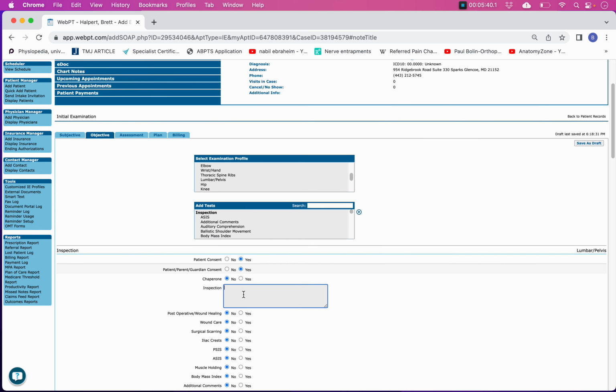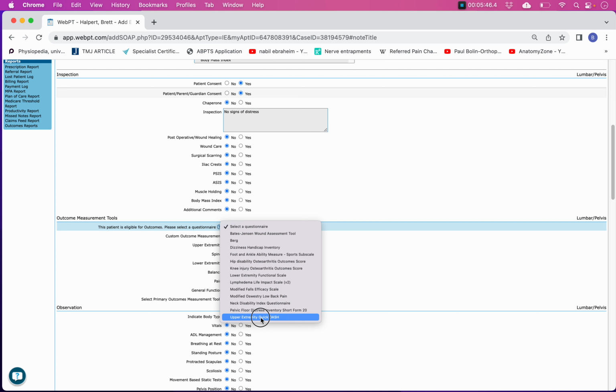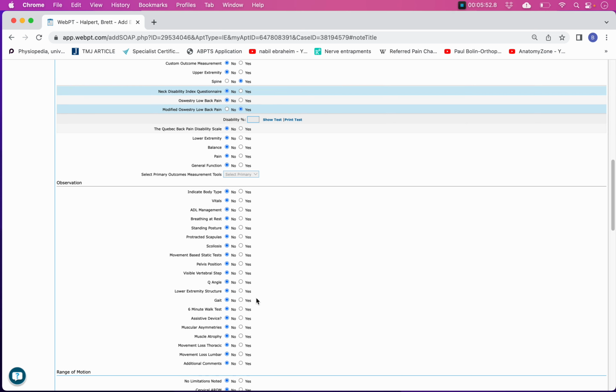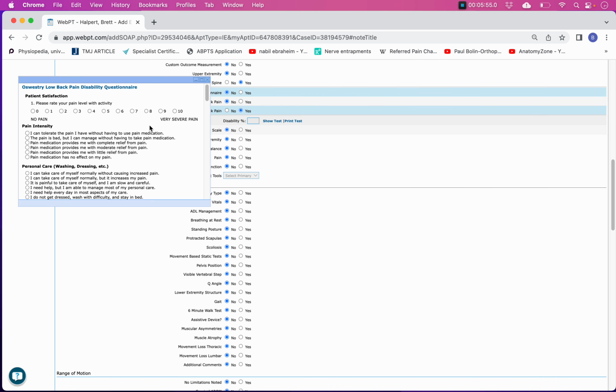Patient consent, looks like no signs of distress. Some insurances we have to do this, like Medicare, Medicaid, anytime an authorization is required, and some others as well. So let's fill this out real quick.